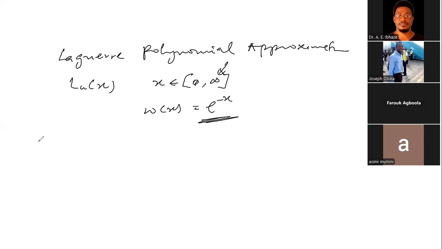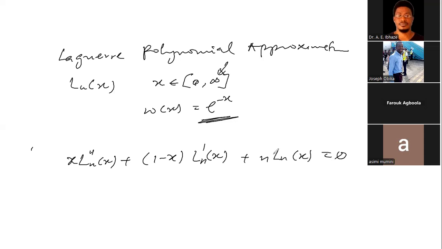And then this satisfies the Laguerre differential equation given as x times the second derivative of the Laguerre polynomial, plus (1 minus x) times the first derivative, plus n L n of x equal to 0. And we can also use the Rodrigues formula to generate the polynomial.